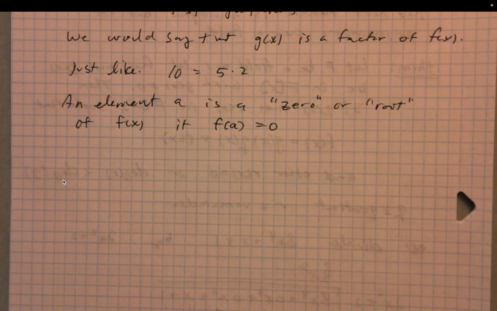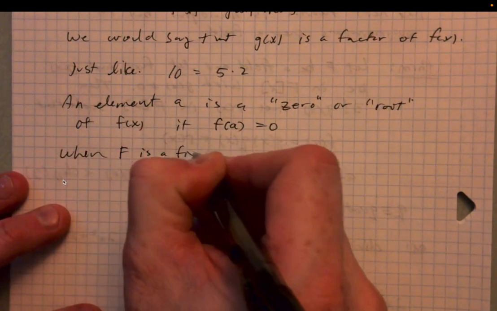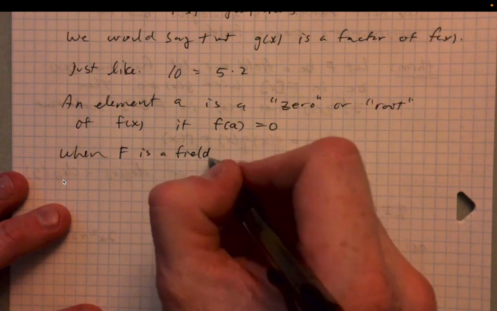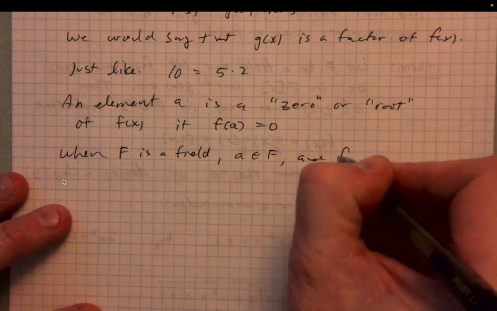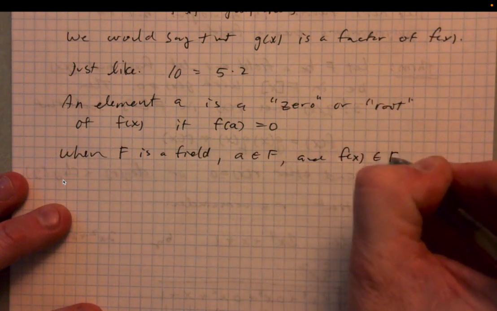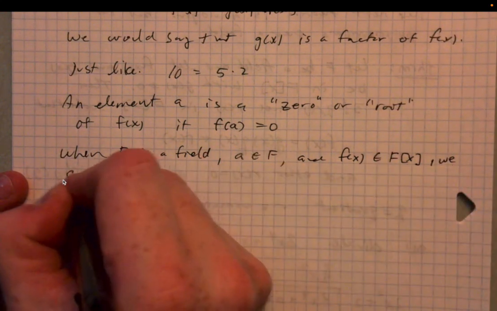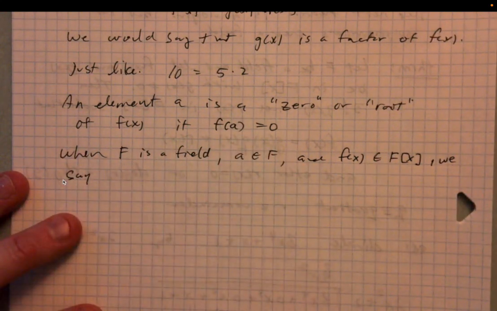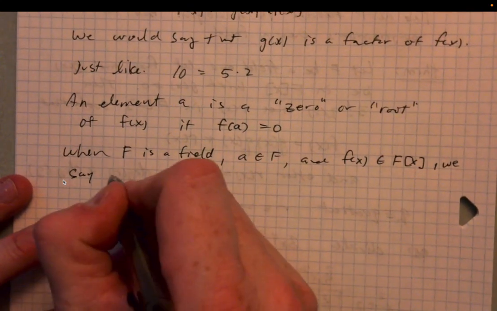Right, so we've obviously heard of all of these things. So when F is a field, a is in F, and f of x is in the polynomials over F, we say that a is a zero of multiplicity k.